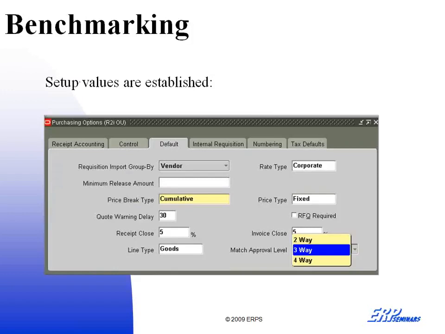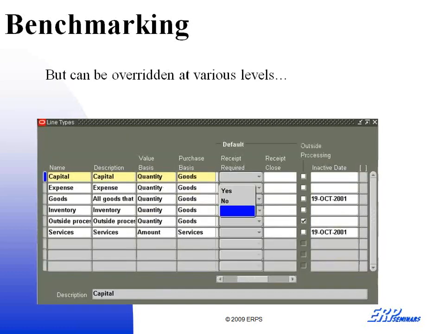So here are my screenshots. Setup values are established initially in the purchasing options. You have the match approval level set at three-way, and on the line types, it can be overridden. Some line types could require receipts, and some line types could not require receipts. A lot of times organizations for services would not require a receipt, and the alternative would be that when the invoice comes in, it gets sent out for approval.